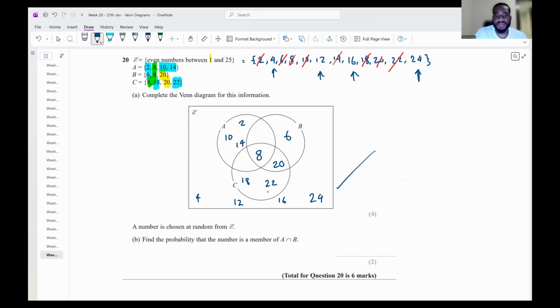Are we happy with that, guys? Yeah. So now part B, it says a number is chosen at random from the universal set. Find the probability that the number is a member of A and then this symbol B. Can somebody remember what that symbol means?